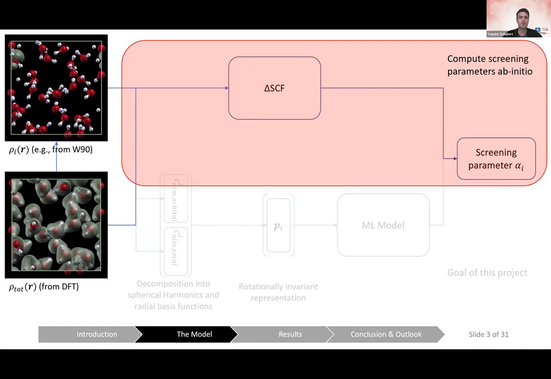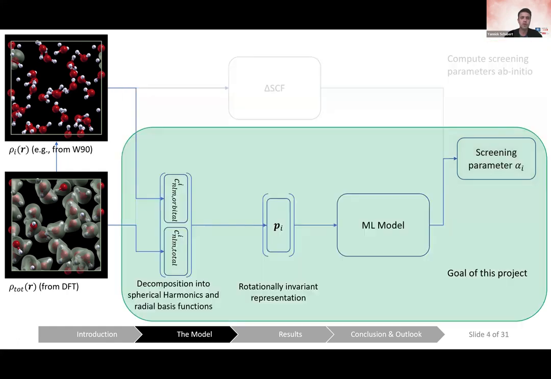But essentially this would require you to perform one DFT-like calculation for each orbital in the system, and this gets very expensive as you have many orbitals. So instead, what we wanted to try is to predict the screening parameters directly from the orbital densities. In the following, I will guide you through this process step by step.